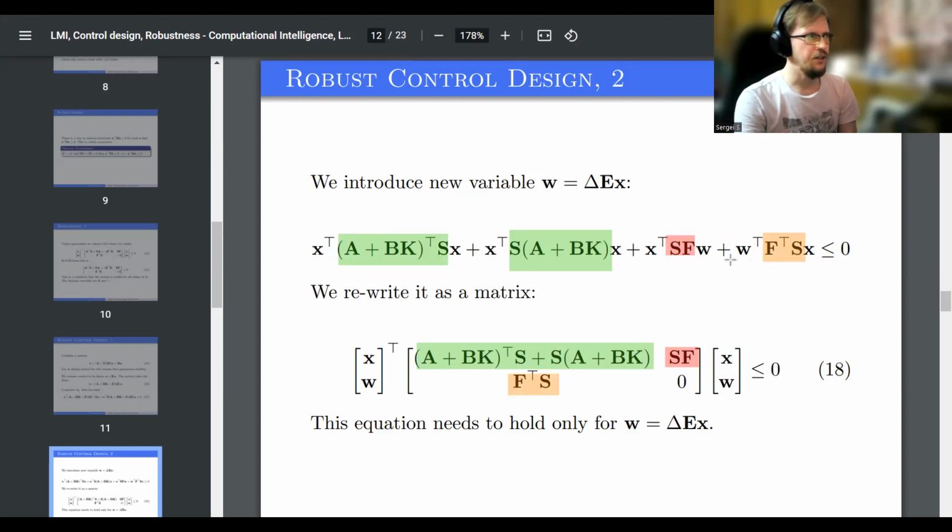And there is no part where you have omega squared. So this is it. This equation needs to hold for omegas which are equal to delta E x.